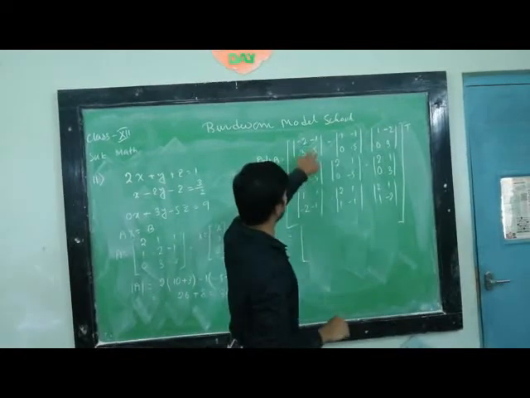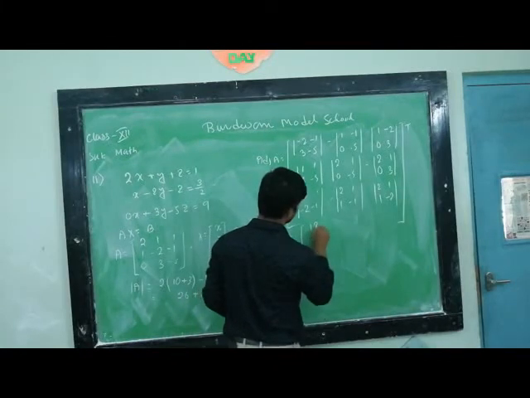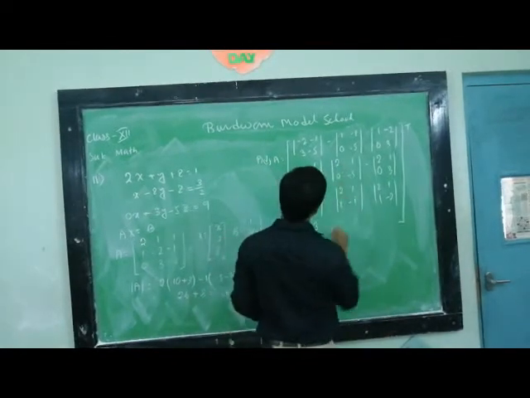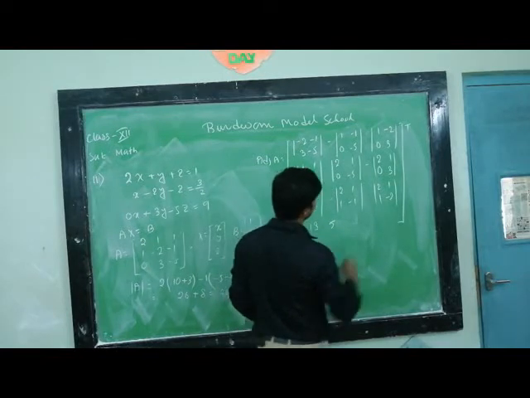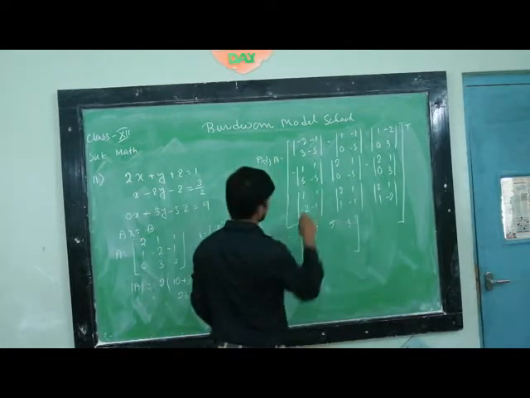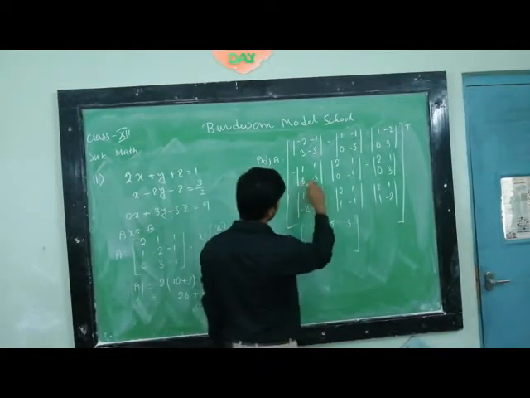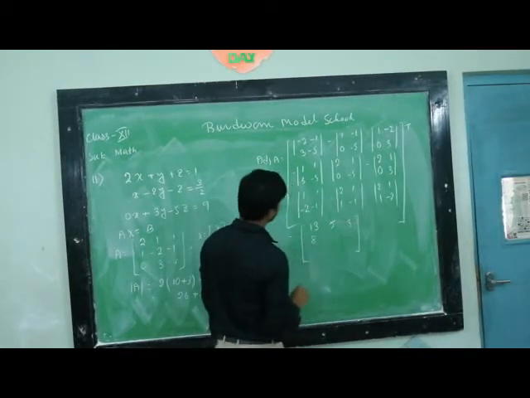Now expand these. This is 10 plus 3, that is 13. This is minus 5, and minus 1 minus 5, that is 5. This is 3. This determinant is minus 5 minus 3, that is minus 8, and so that is plus 8.